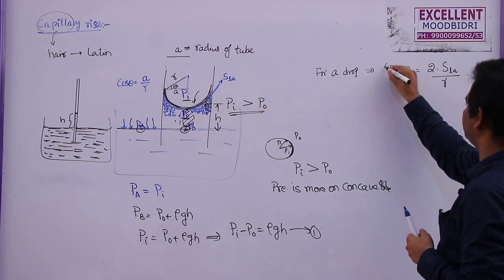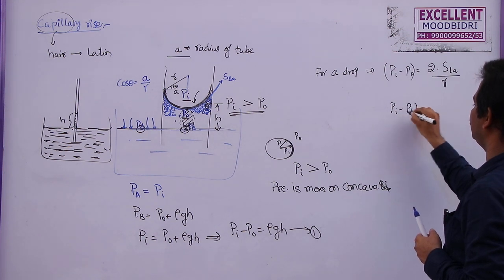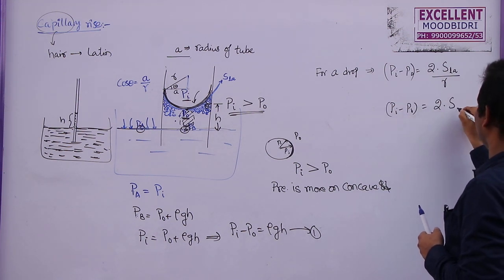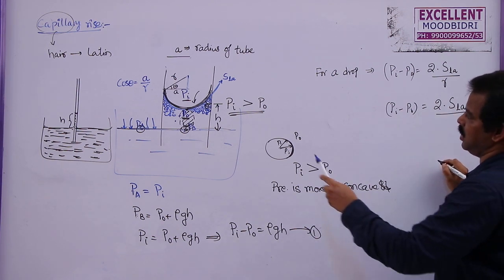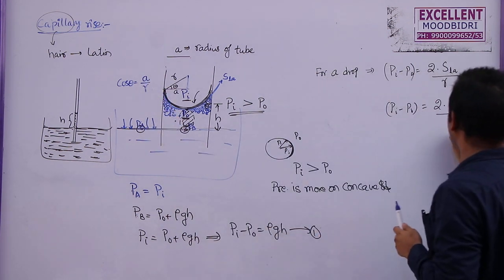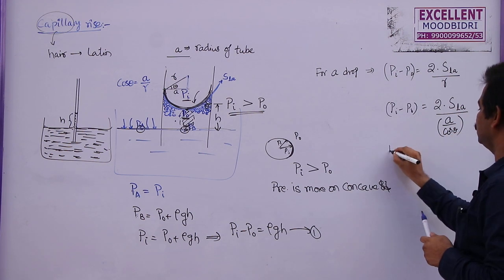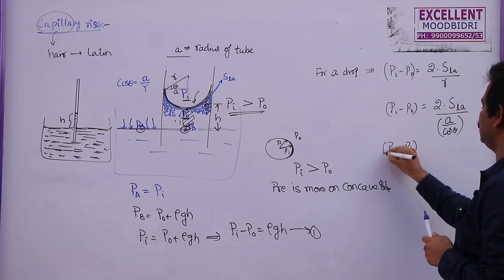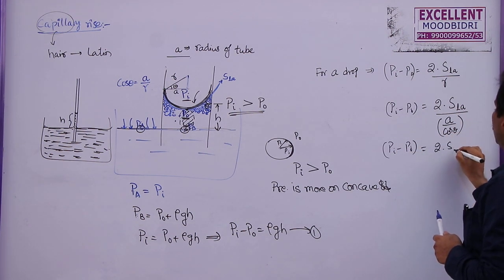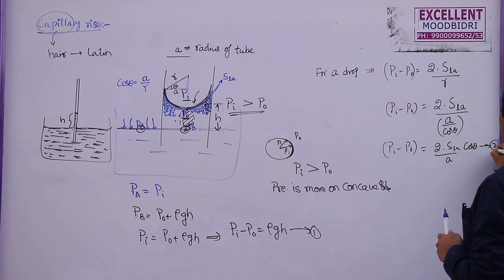Now this can be written as Pi minus P0 is equal to 2 into surface tension between liquid and air by R. Here cos theta is A by R, so R is equal to A by cos theta. So Pi minus P0 is equal to 2 S_LA cos theta by A. Equation 2.